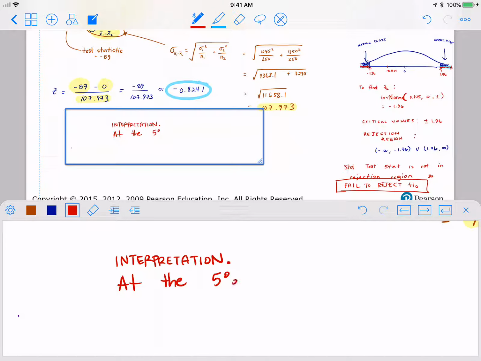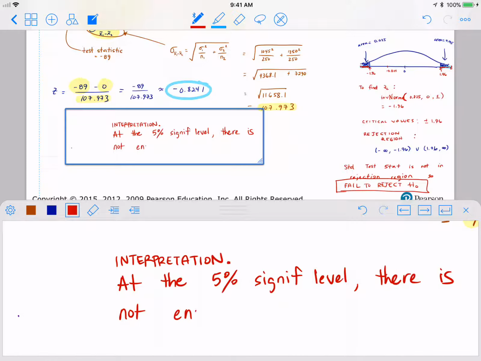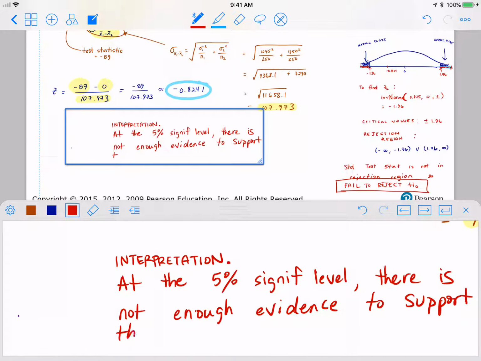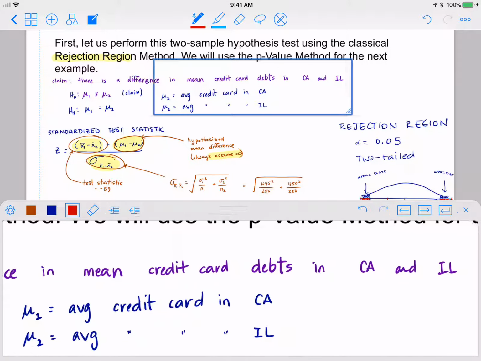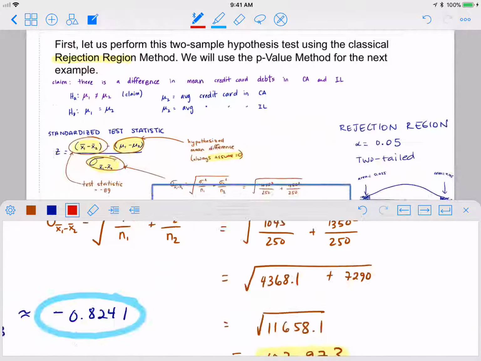So at the 5% significance level, there is not enough evidence to support the claim that, what is the claim? The claim is there's a difference in mean credit card debts in California versus Illinois.